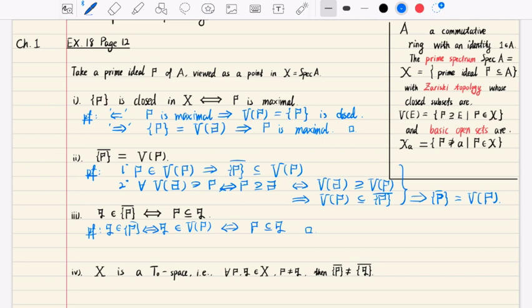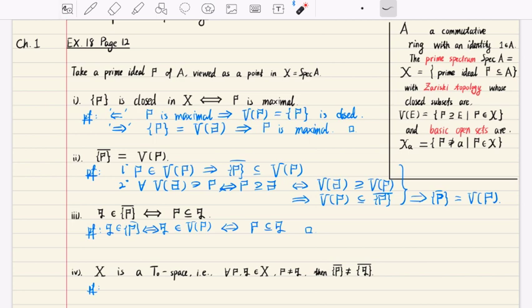Okay, let's not waste time on something we have not met. Okay, in this problem we need to prove X is a T0 space, and there are many different equivalent ways to speak about T0 spaces.